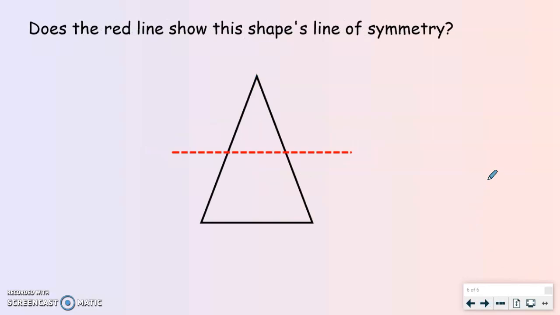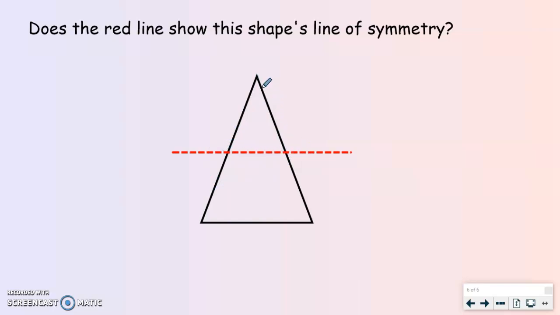Another way that you might be asked about line symmetry on tests or quizzes or assessments is that they might have a shape with a line already drawn in it, and then ask you if this is the line of symmetry for the shape. Here we've got a triangle. If you remember your previous lesson, you might recognize it as an isosceles triangle. There's a red line going through here. The question says, does the red line show this shape's line of symmetry? I would hope that, from what we've learned so far, you would recognize that this is not the shape's line of symmetry.